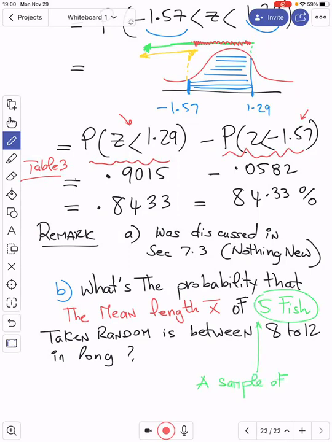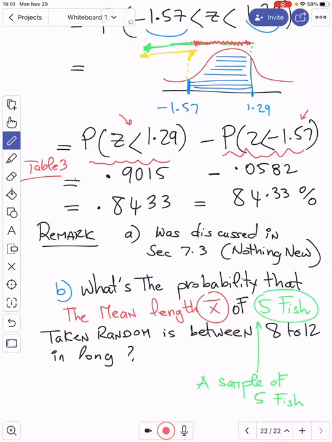Okay, so we have 5 fish, and of course you can compute the mean, the average length of the 5 fish, right? That's the X bar. X bar, that's the average length. This X bar is the average length of the 5 fish.